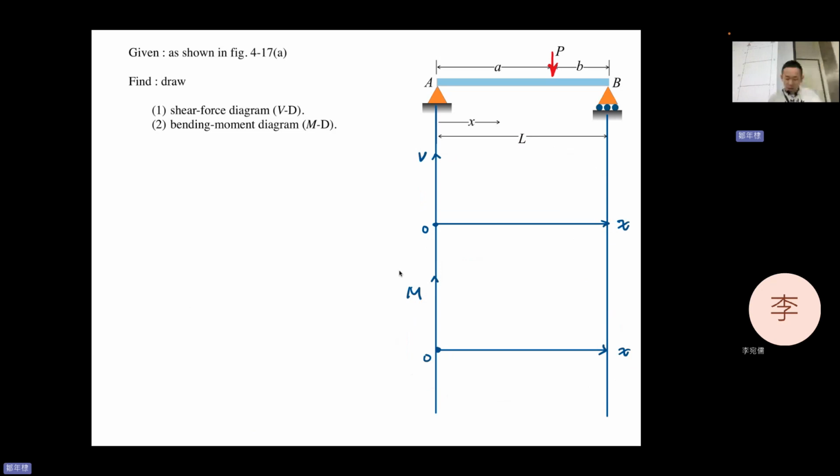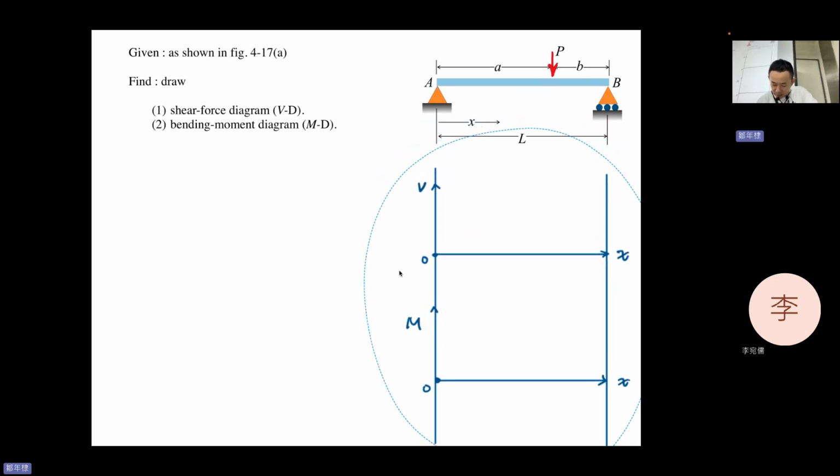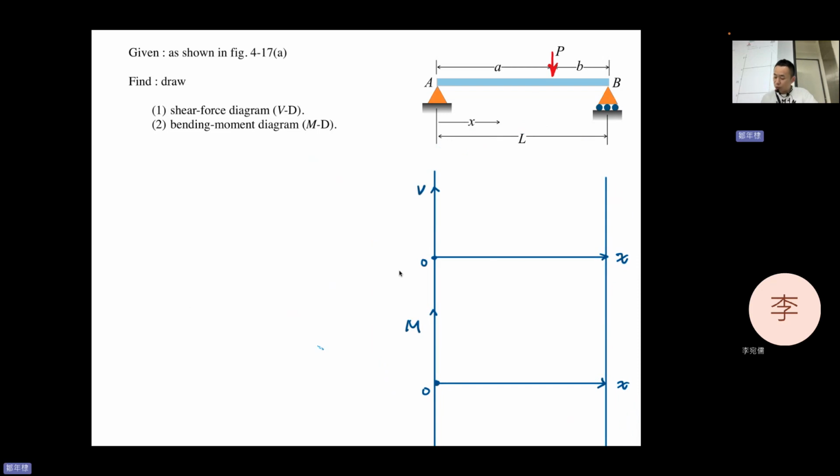Let me move it slightly downward, because I'm going to draw the reaction force now. This is what the answer will look like. You will plot your answer on this chart: shear force diagram and moment diagram.